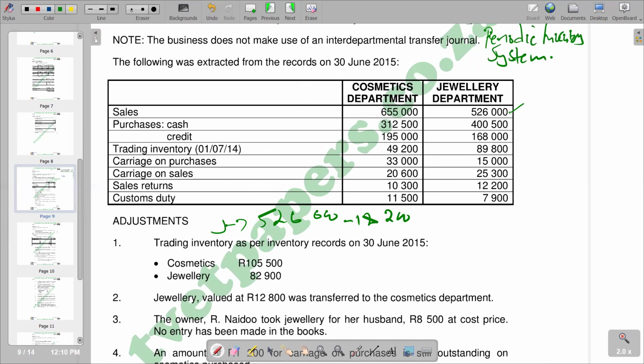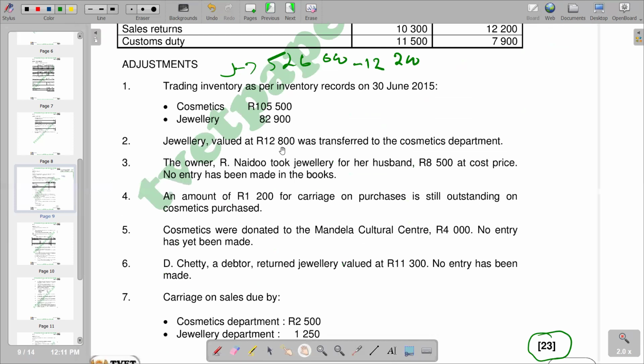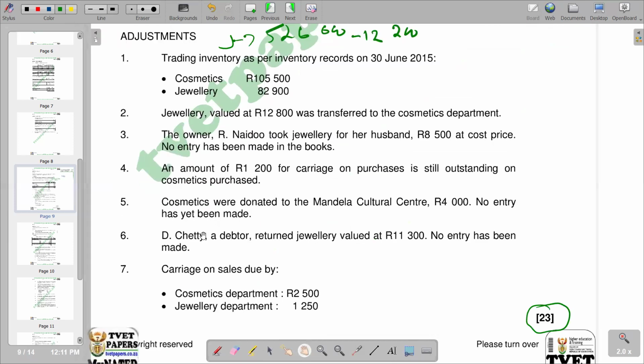And then obviously we go again to our additional information to see anything that is affecting our sales for jewelry. Remember, we've got that note which says a customer returned jewelry valued at 11,300 rands, and no entry has been made.